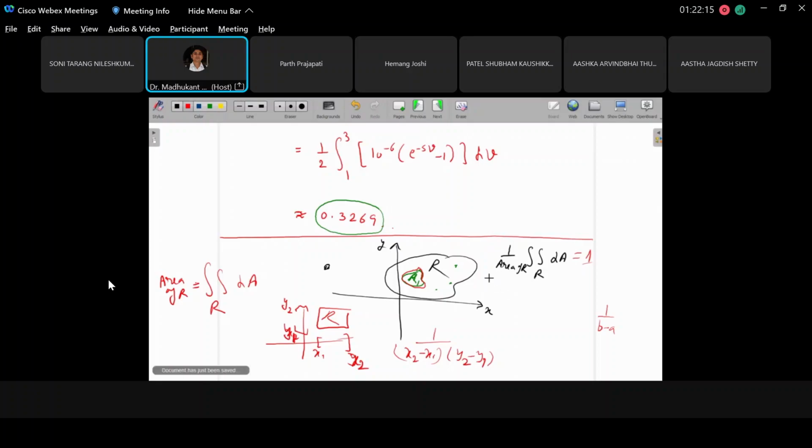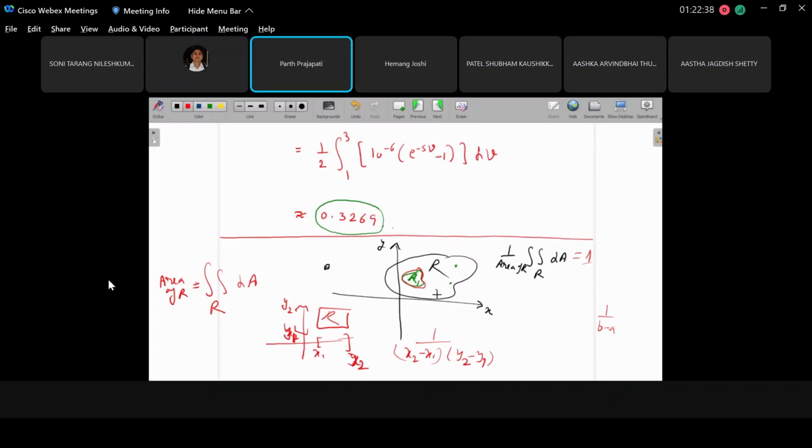So what is the probability of any part of this R1? R is the full region, R1 is a part of R. What is the probability of R1?